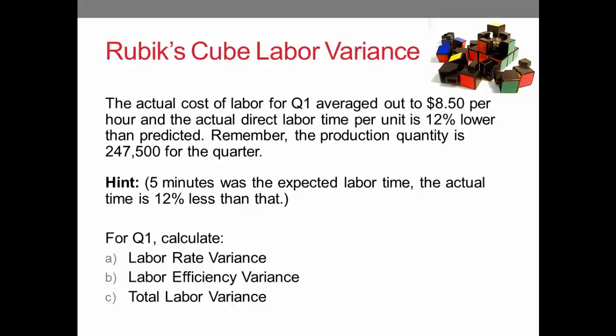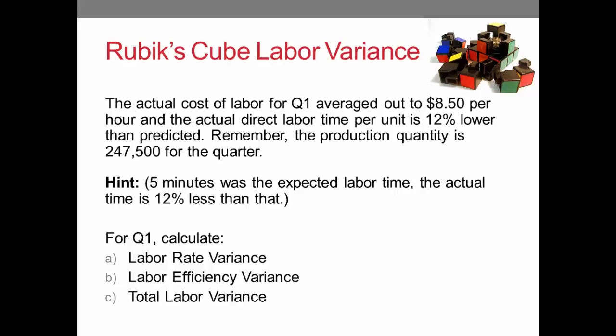So the actual cost of labor for quarter one averaged out to be $8.50 per hour, and the actual direct labor time per unit is 12% lower than predicted. Remember that the production quantity is 247,500 units for the quarter. So your hint is that 5 minutes was the expected labor time. The actual time is 12% less than that.